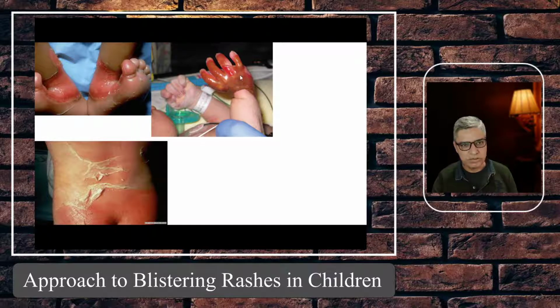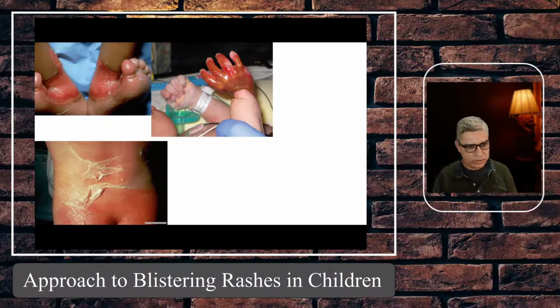Here you can again see the blisters being formed, a lot of fluid, and when they pop open they leave a raw surface, and this is a very debilitating condition. It is present at the time of birth, usually presents in neonates, and has different types. So this is Epidermolysis Bullosa. The differential diagnosis is with non-accidental injury and with burns, but again the history can differentiate between the two.